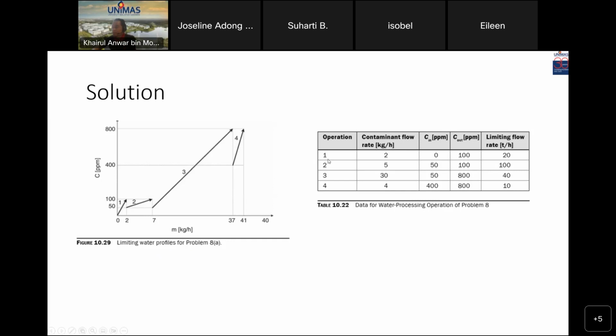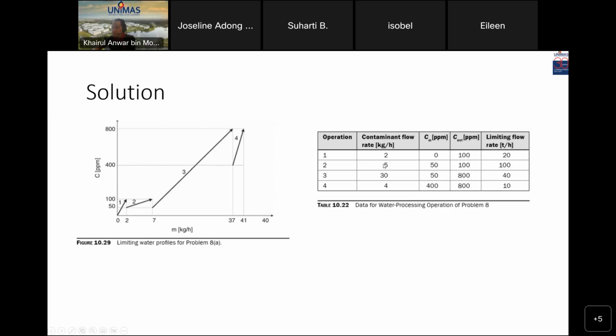So it starts from 0 to 100 ppm. The second operation starts from 50 to 100 ppm. So the contaminant flow rate is increasing.